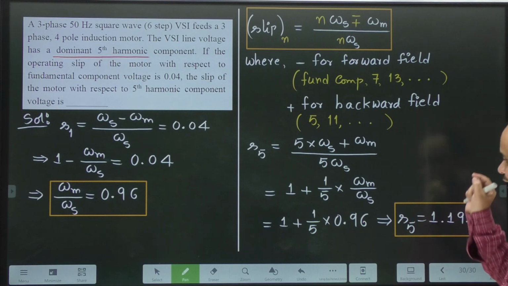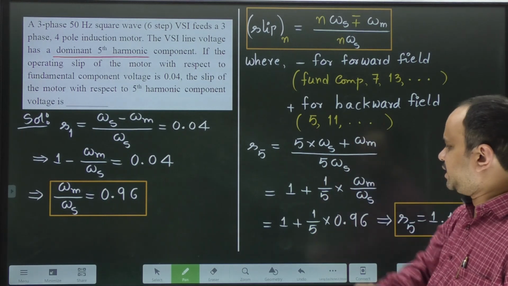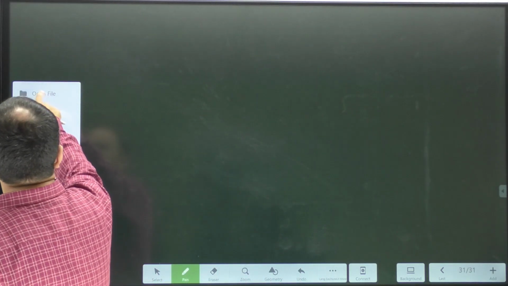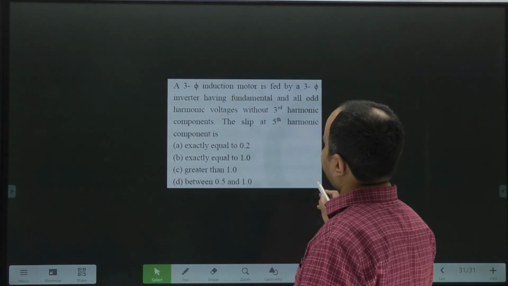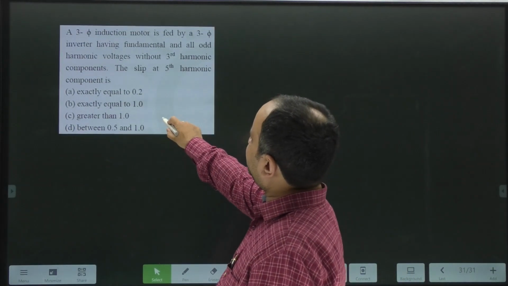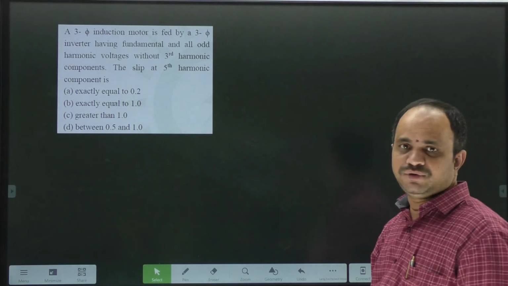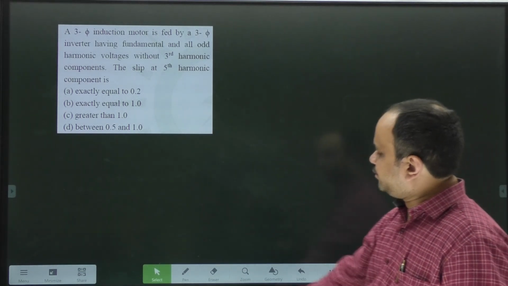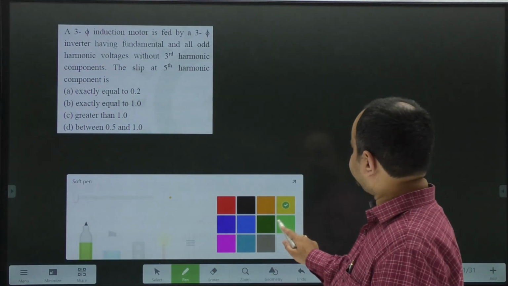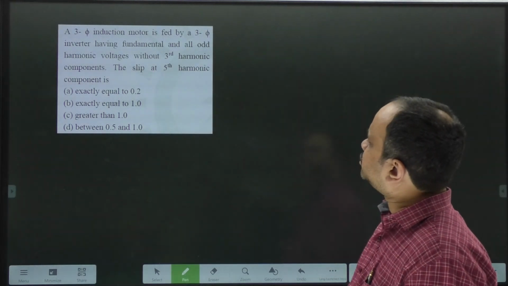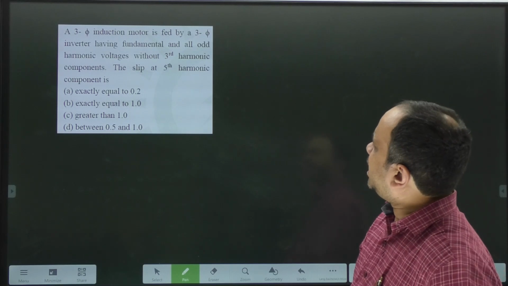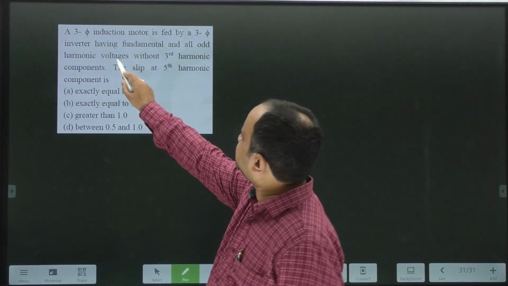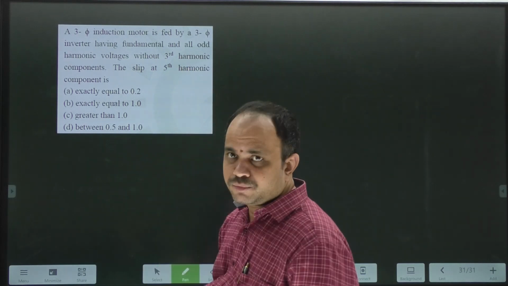Okay. Now exactly in this concept, there was one problem given in the recent NPDCL exam. Observe carefully, it is just a theoretical but conceptual question. A three-phase induction motor is fed by a three-phase inverter having fundamental and all odd harmonic voltages without the third harmonic.